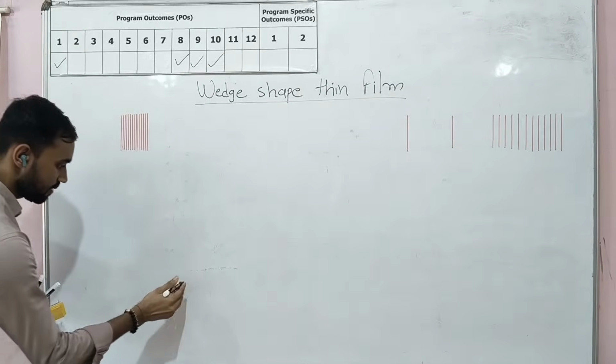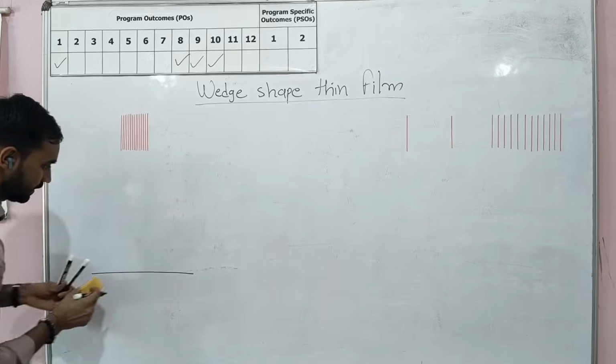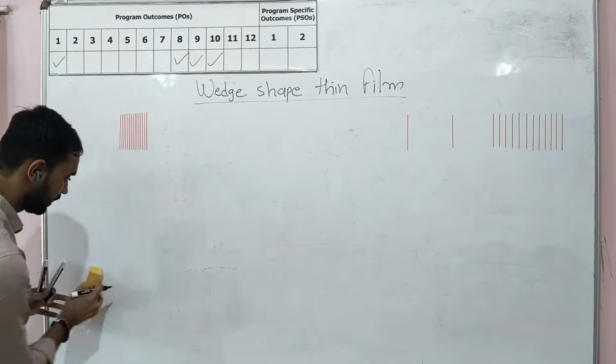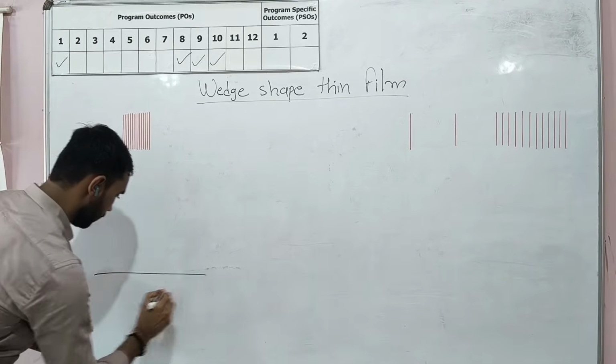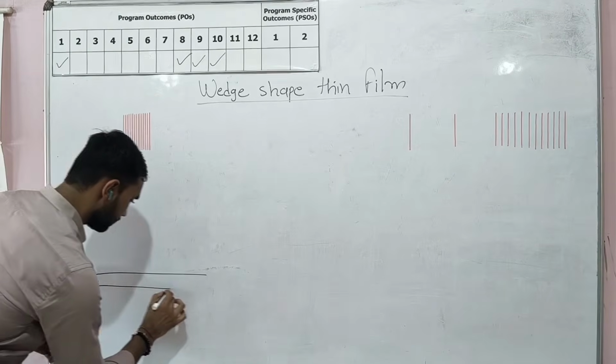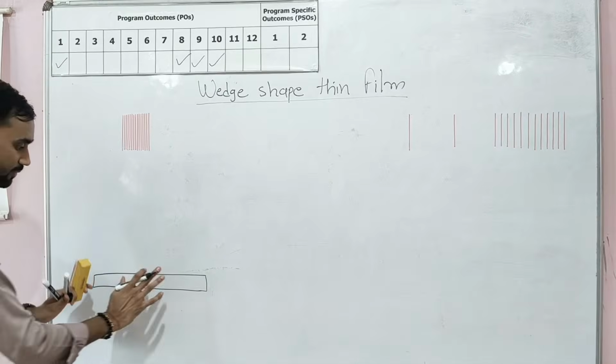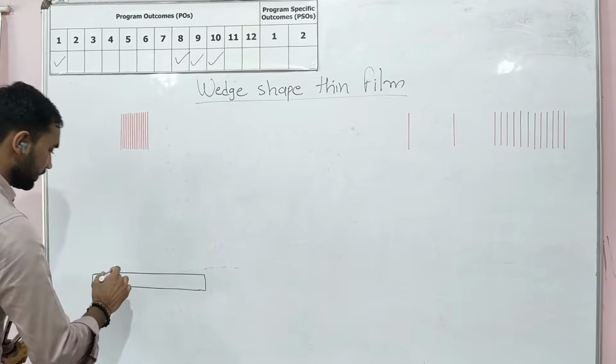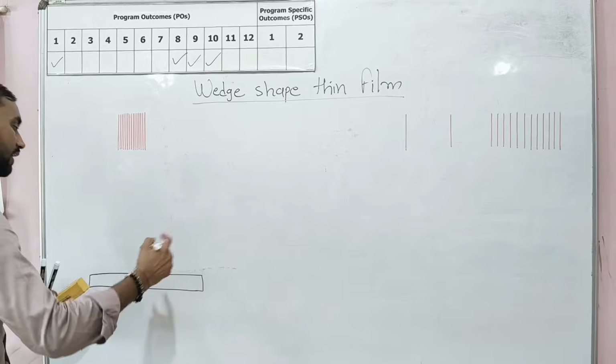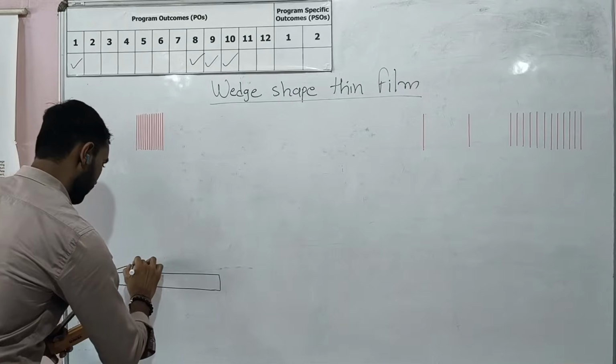First of all, I will take one glass plate. Let me draw it perfectly horizontal. The glass plate might have a thickness of a few millimeters, that's fine. Okay, this is my one glass plate. Over this glass plate, I will take another glass plate and keep it like this.